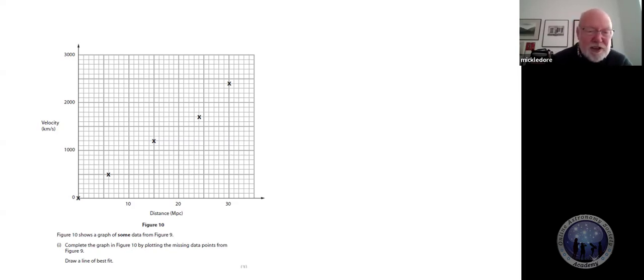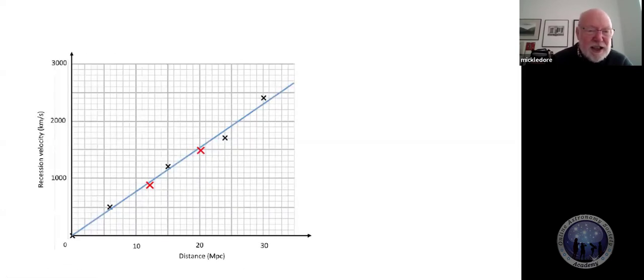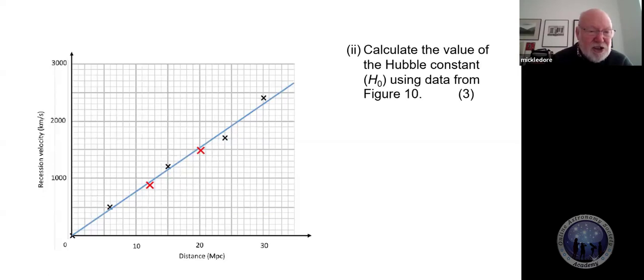And what we've got to do is to add 2 more. So we've not got all the data from the previous table. So let's see what it looks like. There we go. I've added two crosses there showing the data that wasn't there. Lovely line of best fit there, drawn nicely. So if you want to find the gradient, it's rise over run using the line. And we're in kilometers per second per megaparsec.